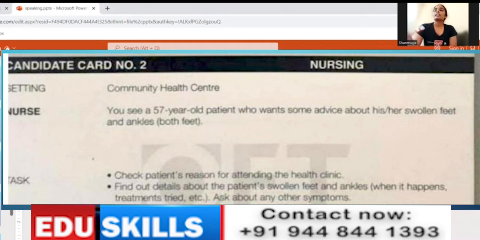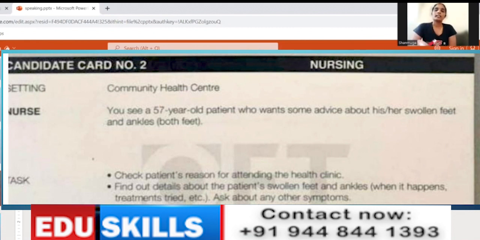You can see here the setting is clinical communication, community health center, and this is the nurse card. You see a 57-year-old patient who wants some advice about his or her swollen feet or ankles. The task is given. First task, you can see, check the patient's reason for attending the health clinic.